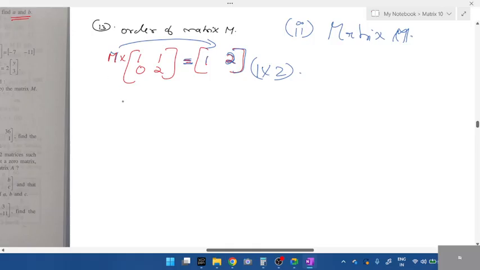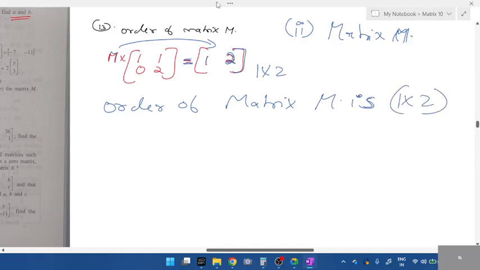I'll tell you what statement to write. You have to write: order of matrix M is 1 into 2. So just compare with the other one.